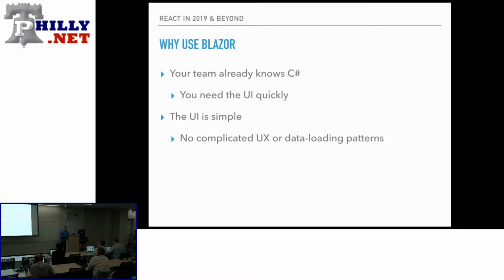If it's a simple UI, maybe an admin dashboard, you don't have a lot of complicated user experience or user interactions, or need to lazy load a lot of data or anything like that, Blazor is really perfect for that right now. You can go build production level applications for that scenario.